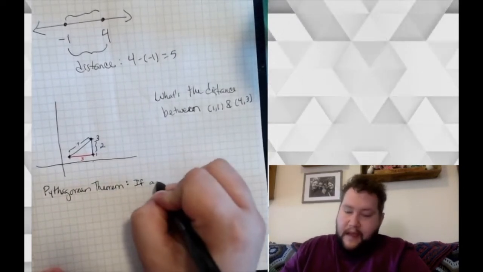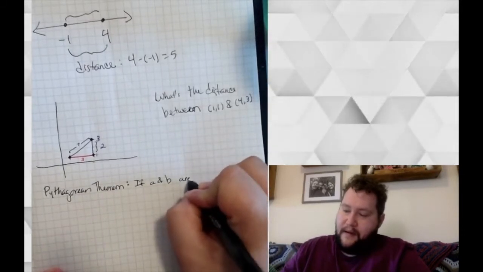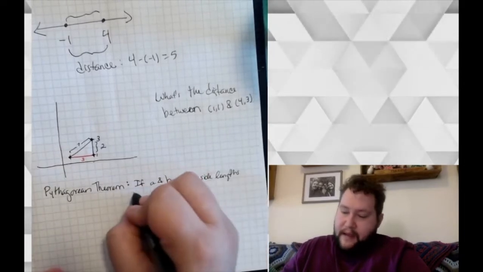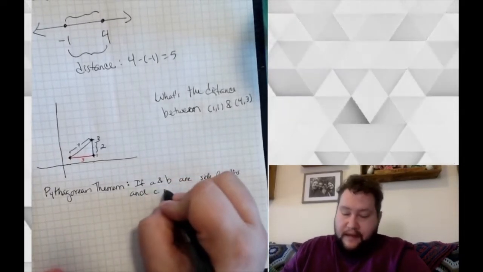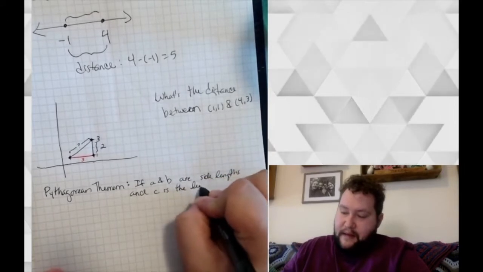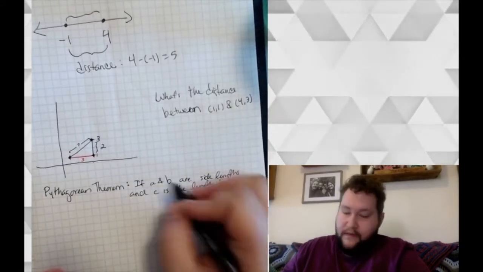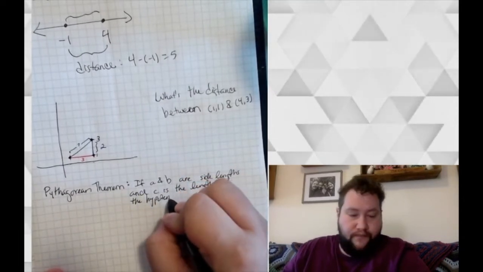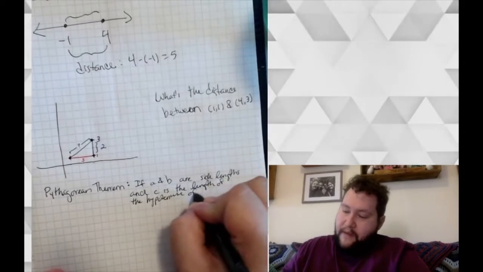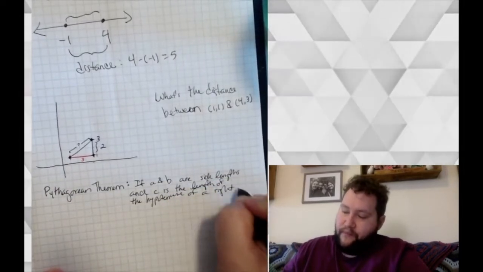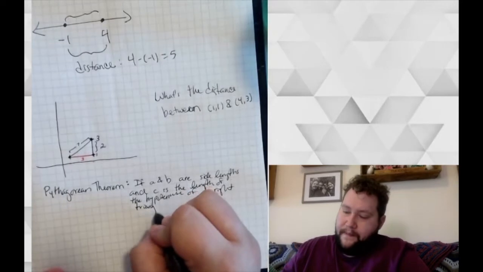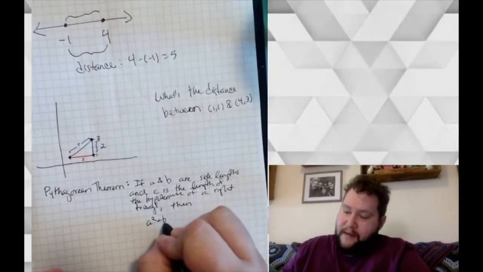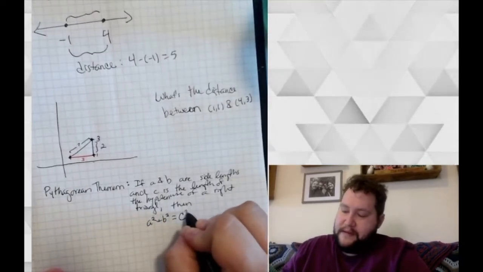If A and B are side lengths and C is the length of the hypotenuse of a right triangle, then A squared plus B squared equals C squared.